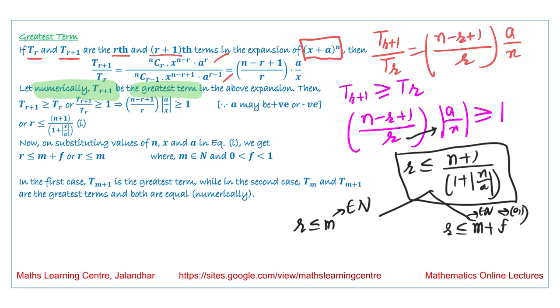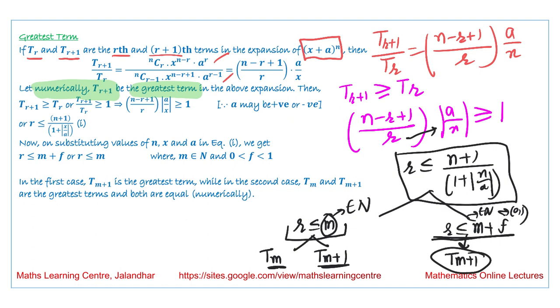So when r is less than or equal to m, there are two numerically greatest terms: one is the term t_m and the second is the term t_(m+1). And if we have r less than or equal to m plus f, then the term t_(m+1) is the greatest term.